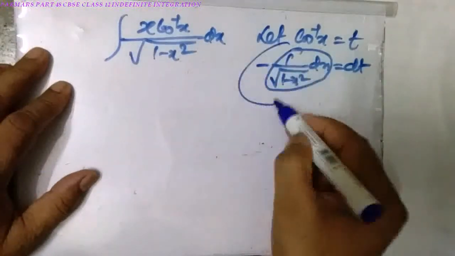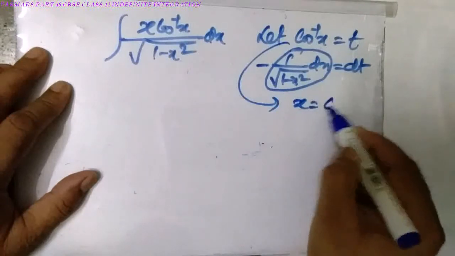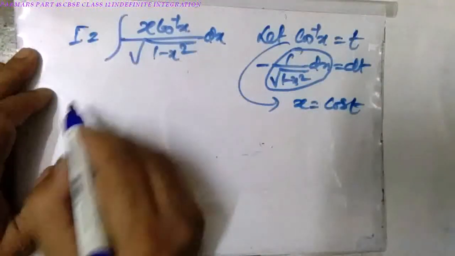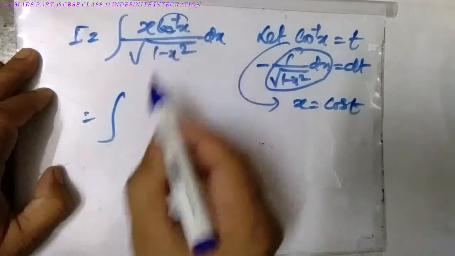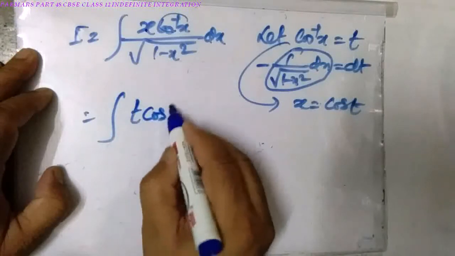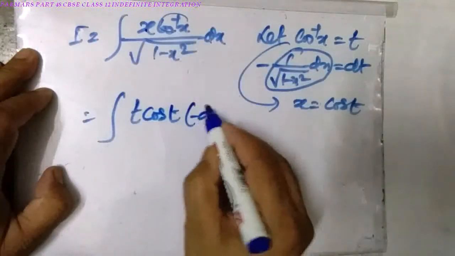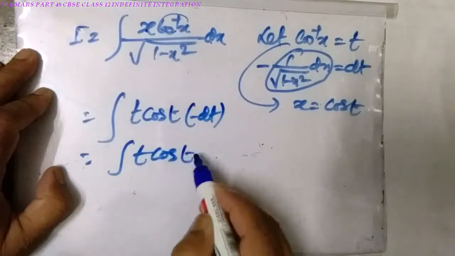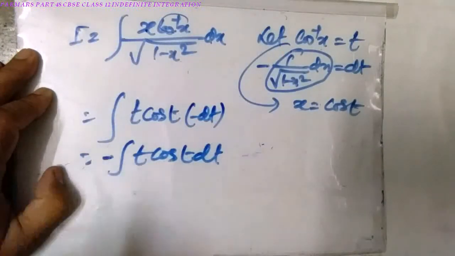Okay, and from here x is what? Cos t. So the integration becomes, cos inverse x is t, and x is cos t, and the rest is of minus dt. So t cos t dt with minus sign outside.